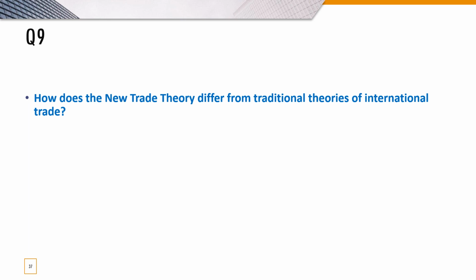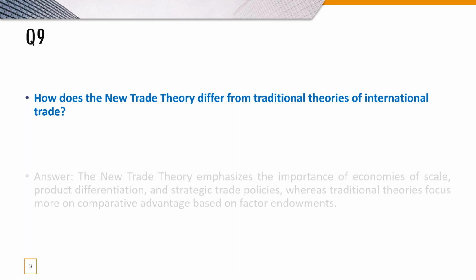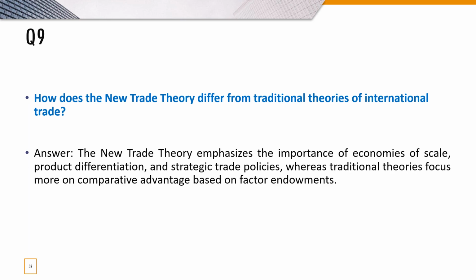Question 9. How does the new trade theory differ from traditional theories of international trade? The new trade theory emphasizes the importance of economies of scale, product differentiation, and strategic trade policies, whereas traditional theories focus more on comparative advantage based on factor endowments. Question 10.